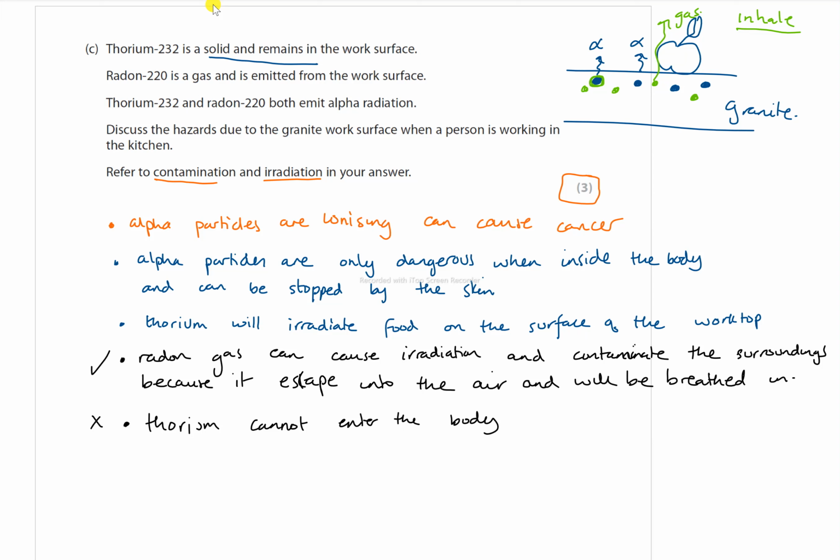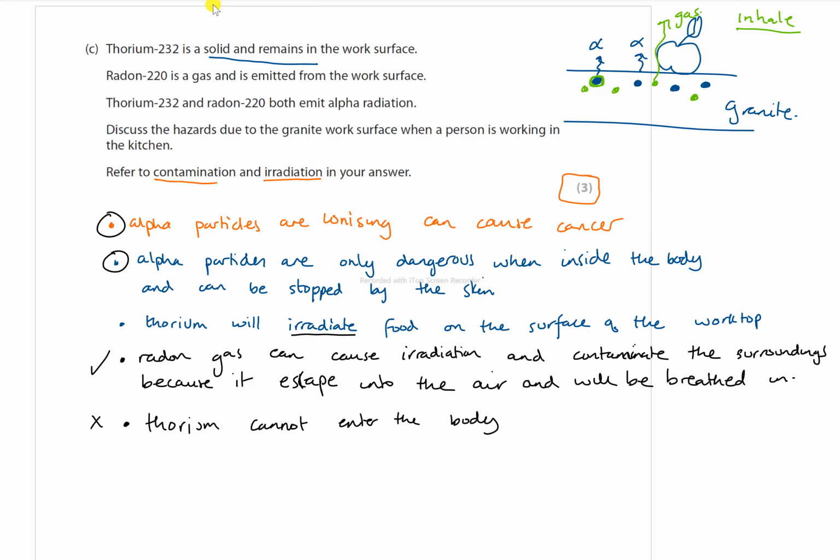So with this sort of question, you must know alpha particles are ionizing, can cause cancer. They're only dangerous when in the body and can be stopped by the skin. But you can irradiate the food. That means food that's been exposed to radiation deliberately to kill off bacteria, to sort of sterilize it, if that's the best word.